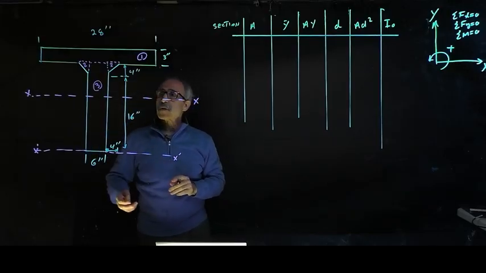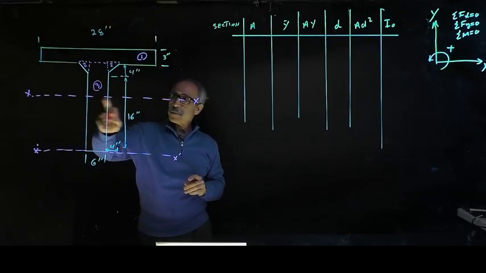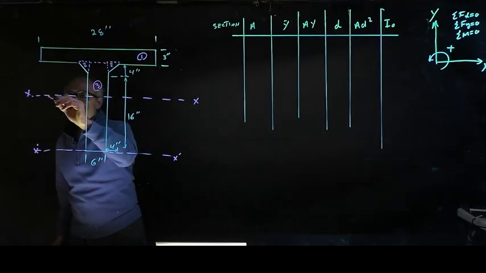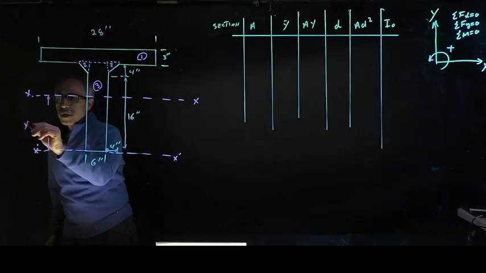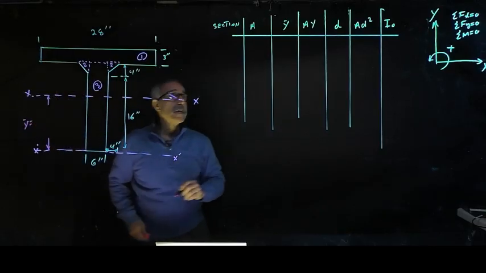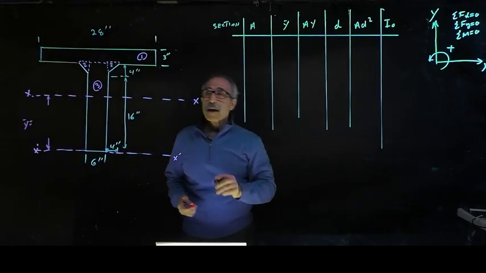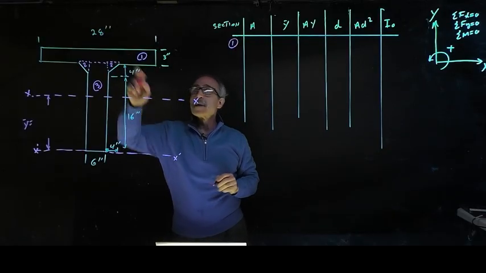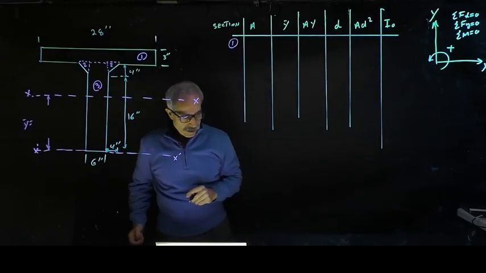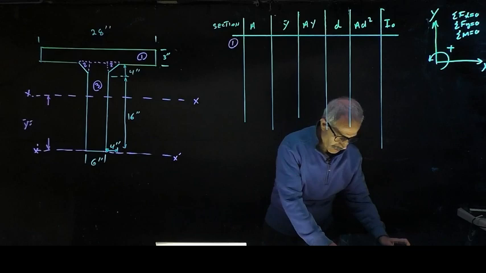The first thing I'm going to do is find this y bar right here. This distance right here is the y bar I'm looking for. Y bar is equal to, let's figure it out. I'm going to come up here and say shape number 1. The area of shape number 1 is 3 times 28, and 3 times 28 is 84.